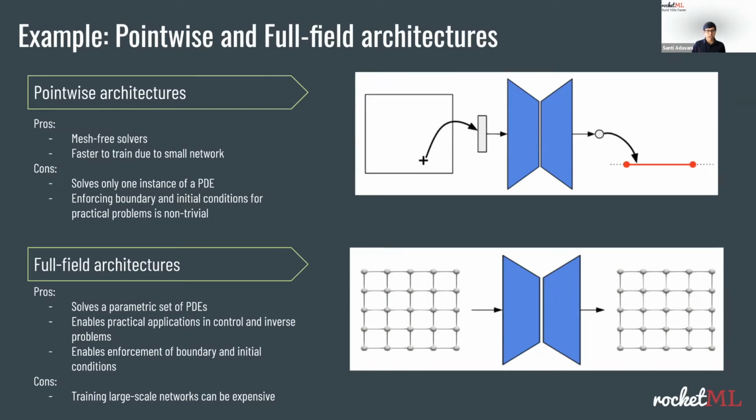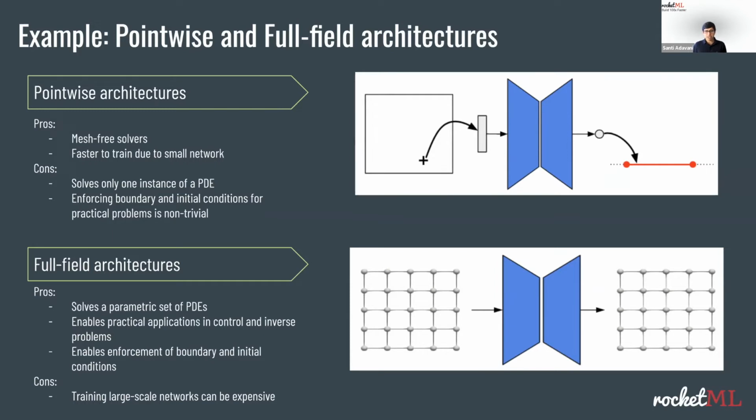What that means by a parametric set of PDEs is this model that you build is not just for one PDE, but you can solve a set of PDEs using one network that you train. And this has practical applications in control and inverse problems, and you can enforce boundary conditions and initial conditions exactly, right? So you can actually put the boundary conditions and everything on the input field itself, and that enforces your constraints exactly.